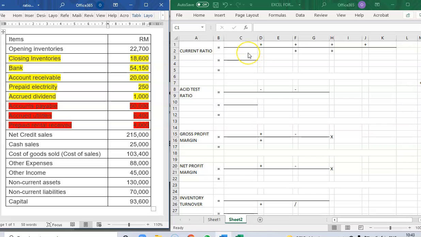So remember the formula: total current asset divided by total current liability. That is the current ratio formula.